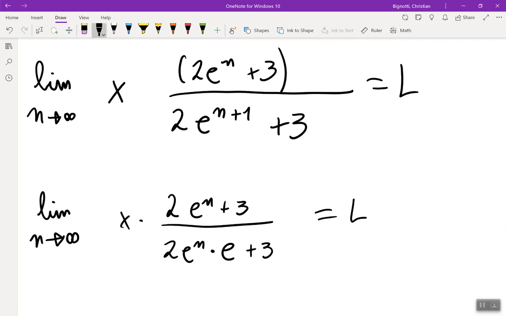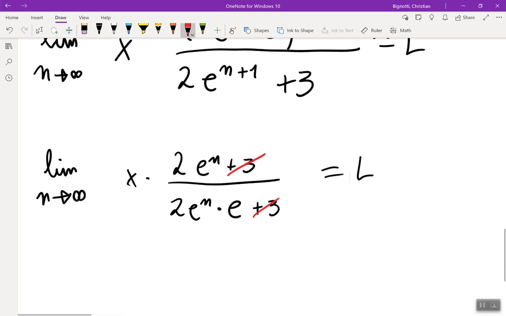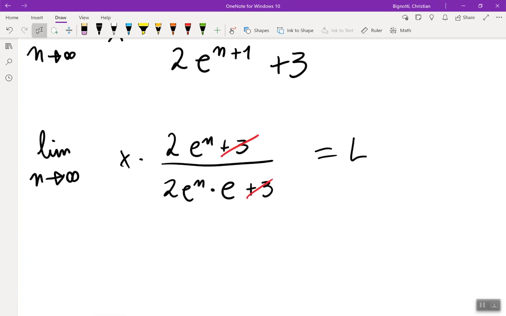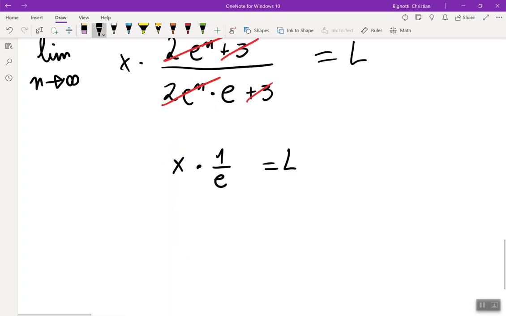All this is equal to L. As n approaches infinity, the 3's do not matter. They are insignificant because of how big it's going to infinity. We can also take these two out. When we take those two out, we don't have n anymore, so the limit also goes away. And we have L equal to 1 over e times x.